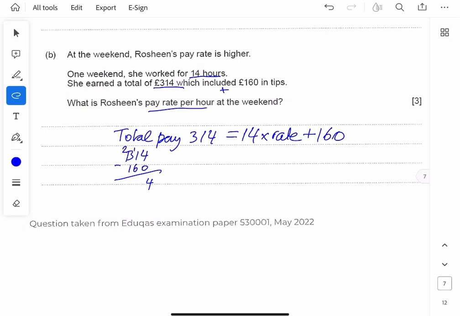So let's subtract 160 first. And then we're going to divide that by 14.